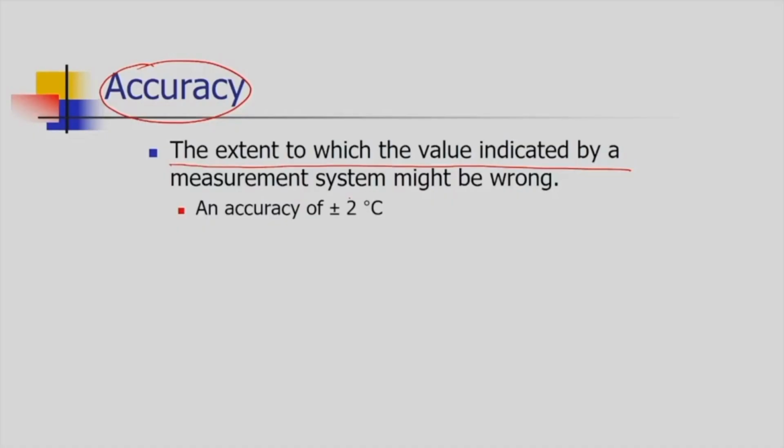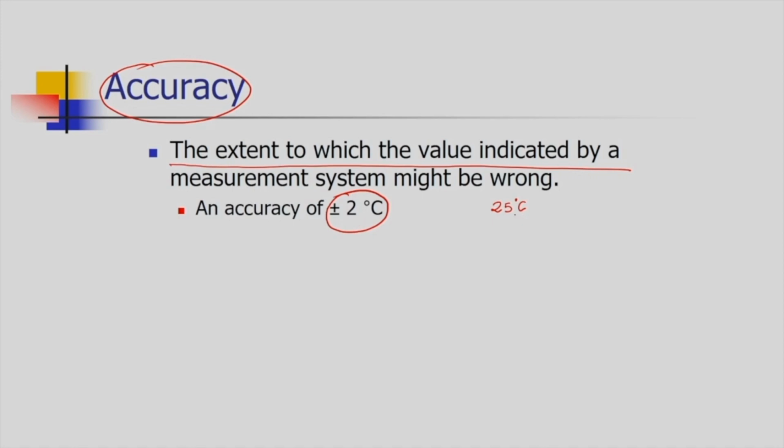If I say the accuracy is plus or minus 2 degrees Celsius, and a thermocouple is giving me a temperature of say 25 degrees Celsius, then I can say that this 25 degrees Celsius has an accuracy of plus or minus 2 degrees Celsius.